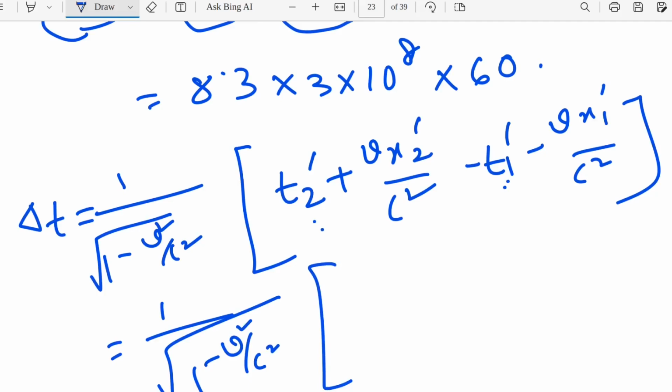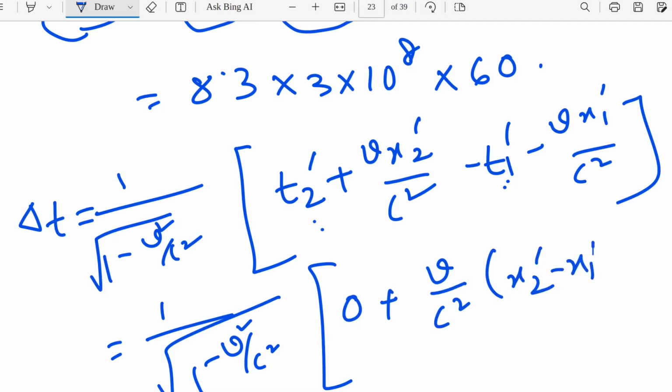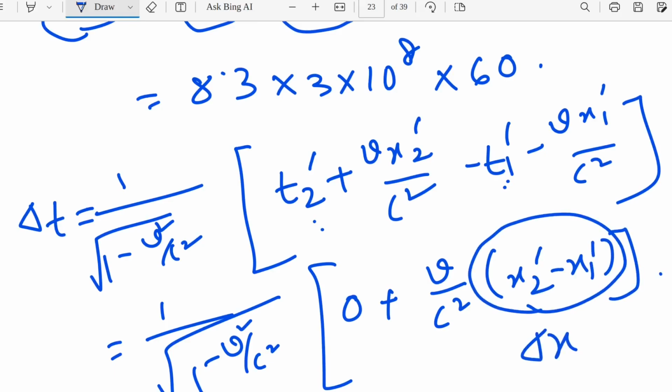t2 prime minus t1 prime is 0 because these two events were simultaneous in the earth's frame of reference. So it is 0. Now v by c square and x2 prime minus x1 prime, which is nothing but delta x prime, and we have the value of delta x prime from this expression.